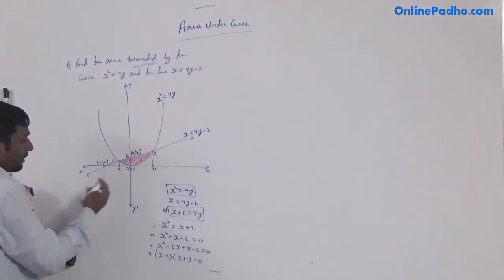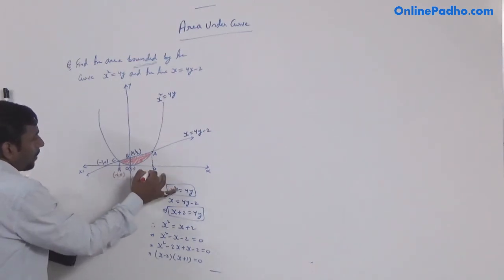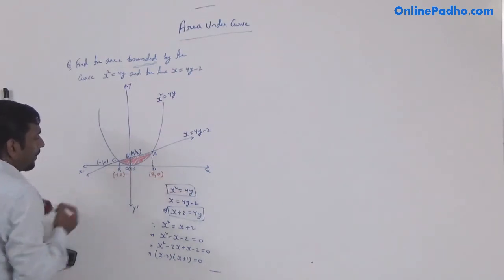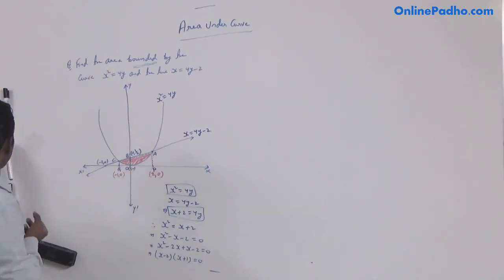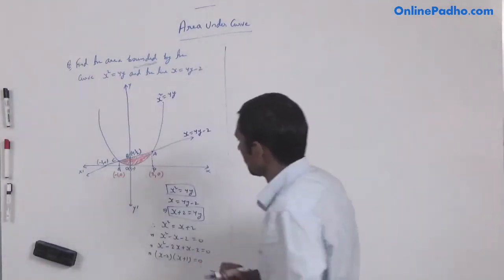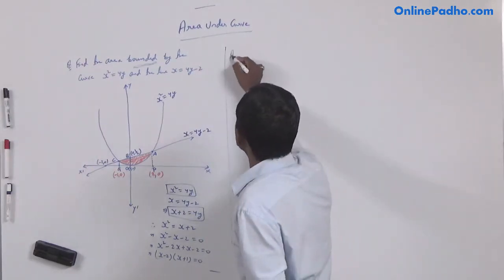Now we can say that the coordinate of point Q is minus 1 comma 0 and the coordinate of point P is 2 comma 0. Right? So these are the points on the x-axis. Now, what is the shaded region? Let us see.